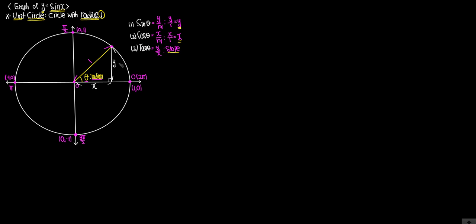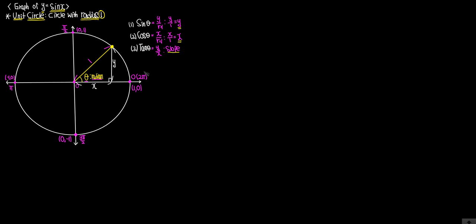So that means we can think about the point here, where usually if the x position was x and the y position was y, we can replace it in terms of sine and cosine. So for the x and the y, that can be replaced because the sine theta is y and the cosine theta is x.